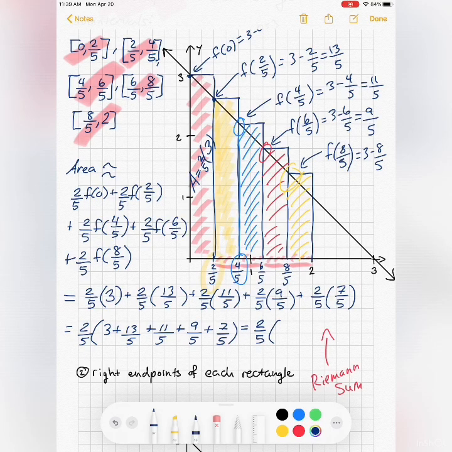What is that? 15, 28, 39, 48, 55/5? Fifty-five fifths is 11. So 22/5. So I get approximately 4.4.